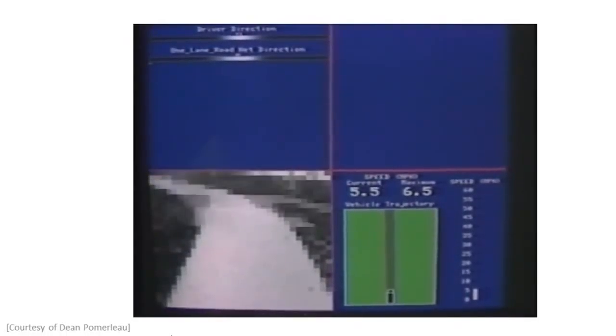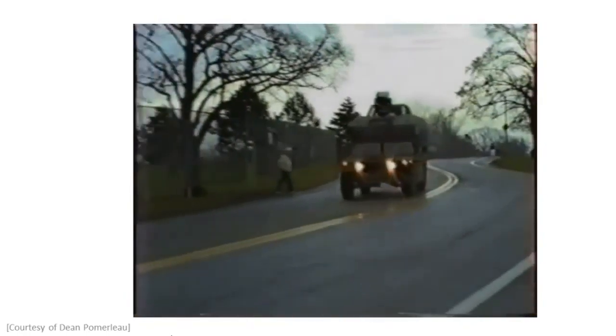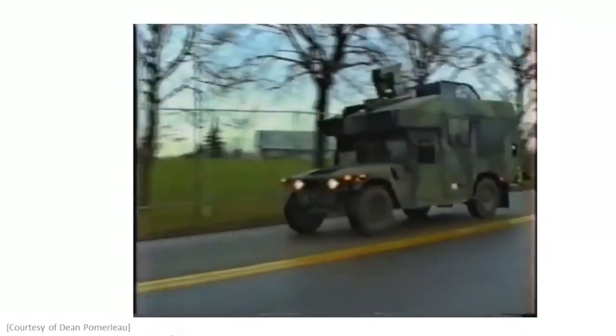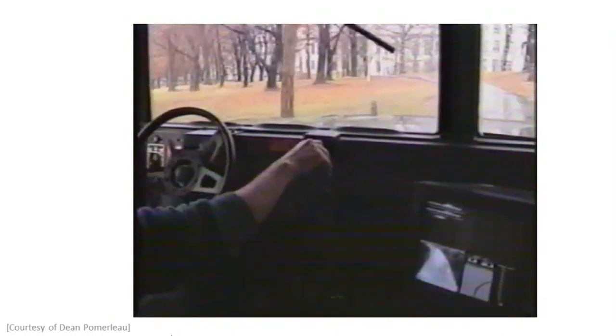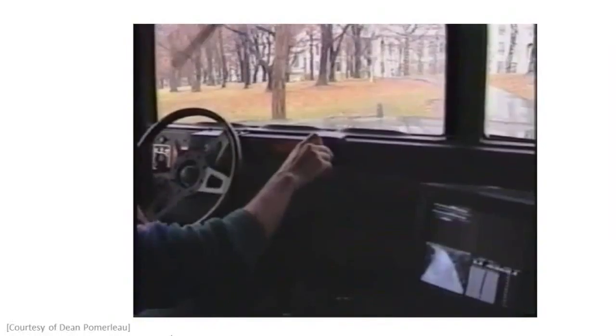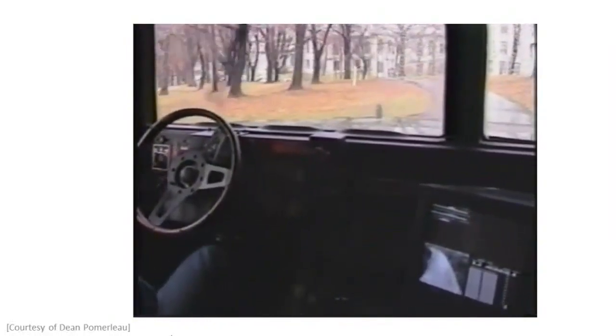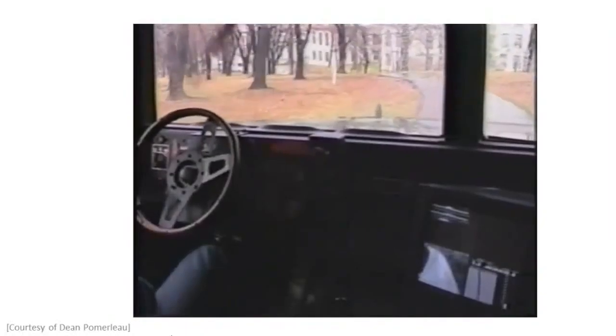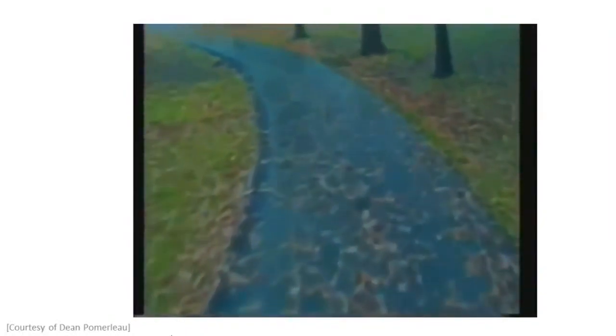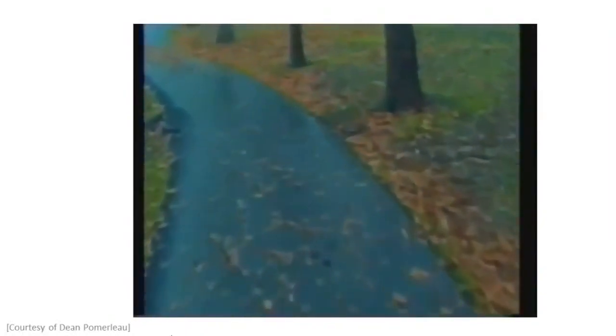This same training procedure is repeated for other road types. After the networks have been trained, the operator pushes the run switch and Alvin begins driving. 12 times per second, Alvin digitizes an image and feeds it to its neural networks.